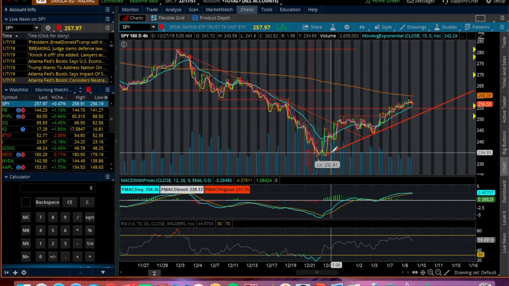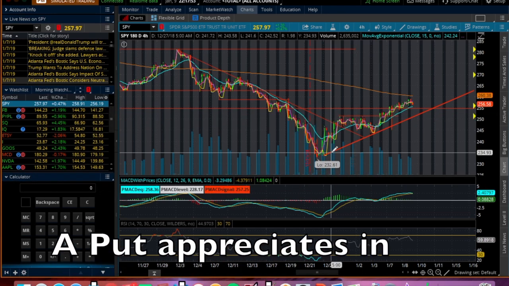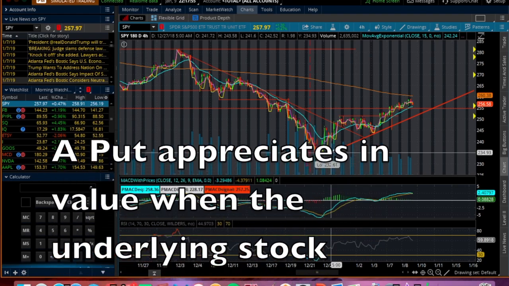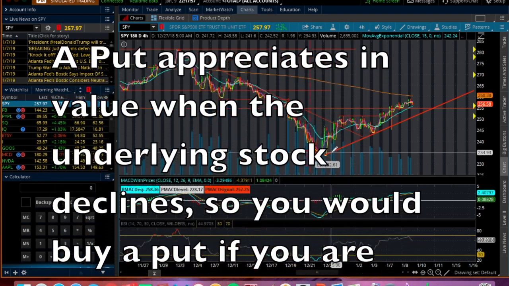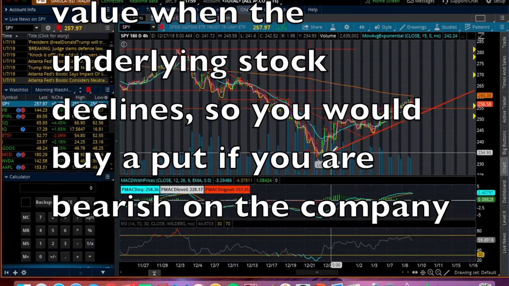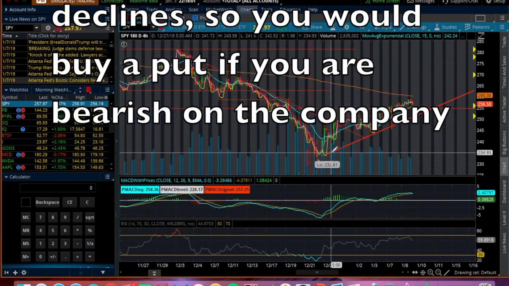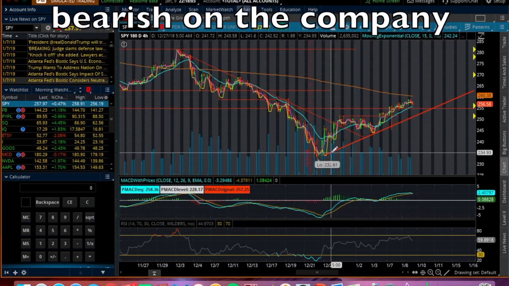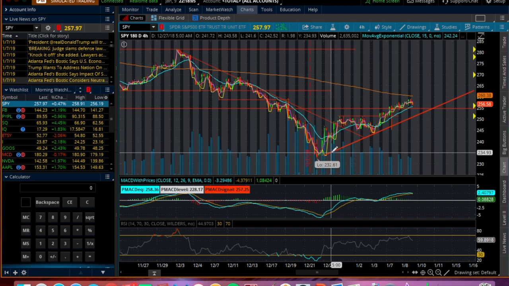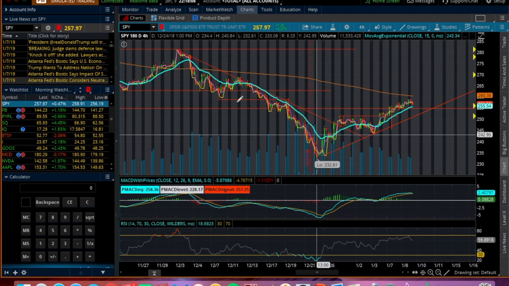So a put actually appreciates in value when the underlying stock declines. So like I said before, if you are bearish on a particular stock or company, then you would buy a put.